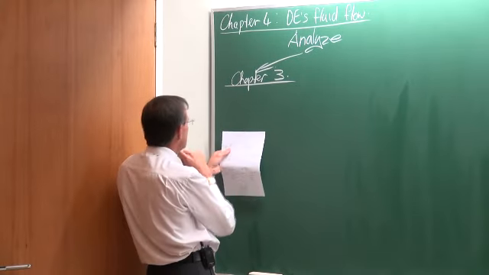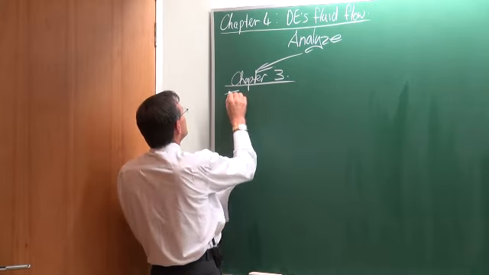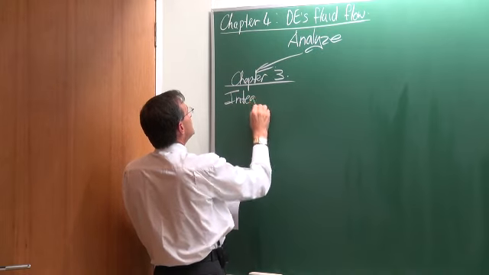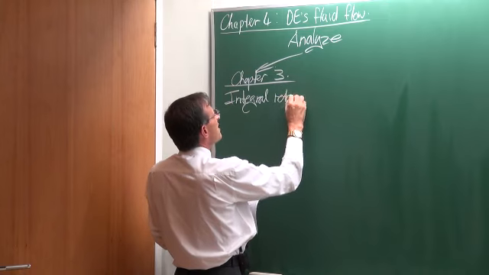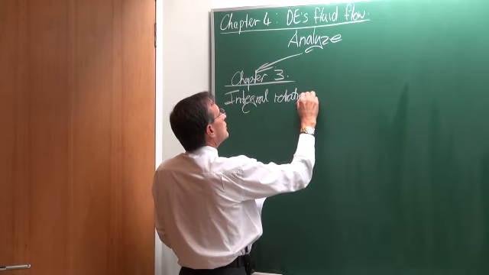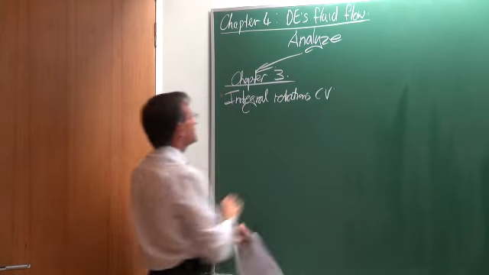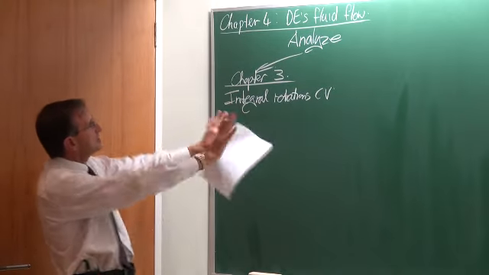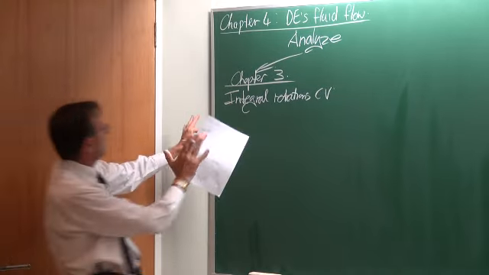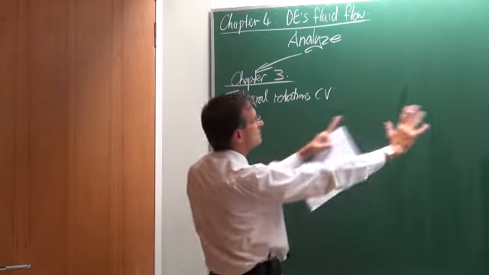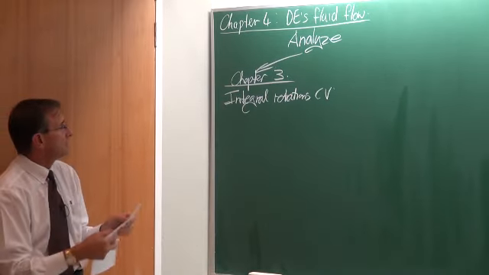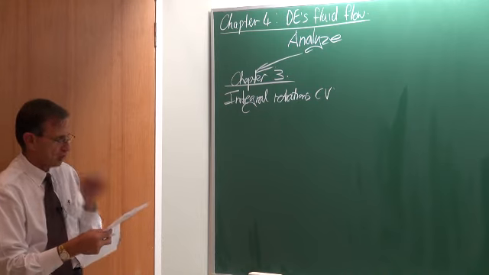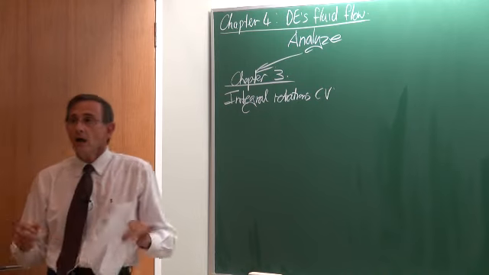So specifically in chapter 3, what you did is you have derived the integral relations for control volumes. Okay. So please divide your page in two. On the left-hand side, I'm going to do the integral ones, and on the right-hand side, the differential ones. Okay. So the integral relations of a control volume.